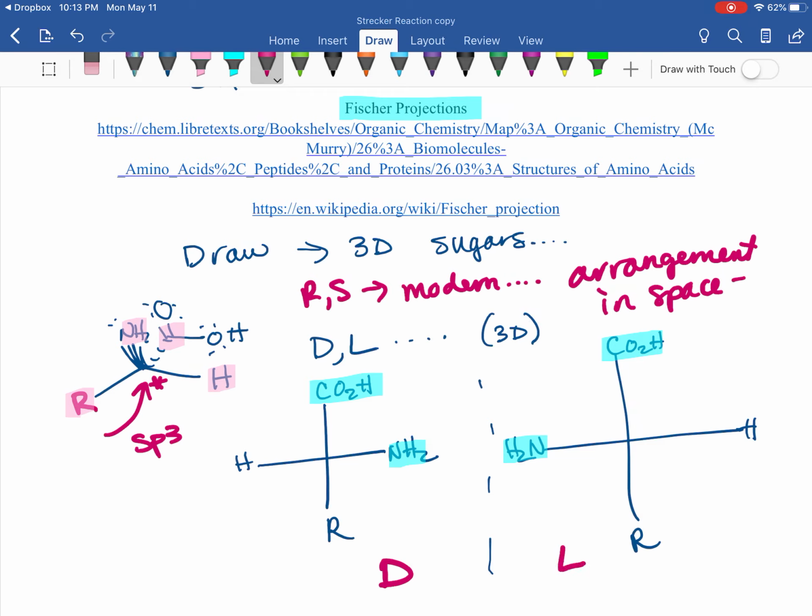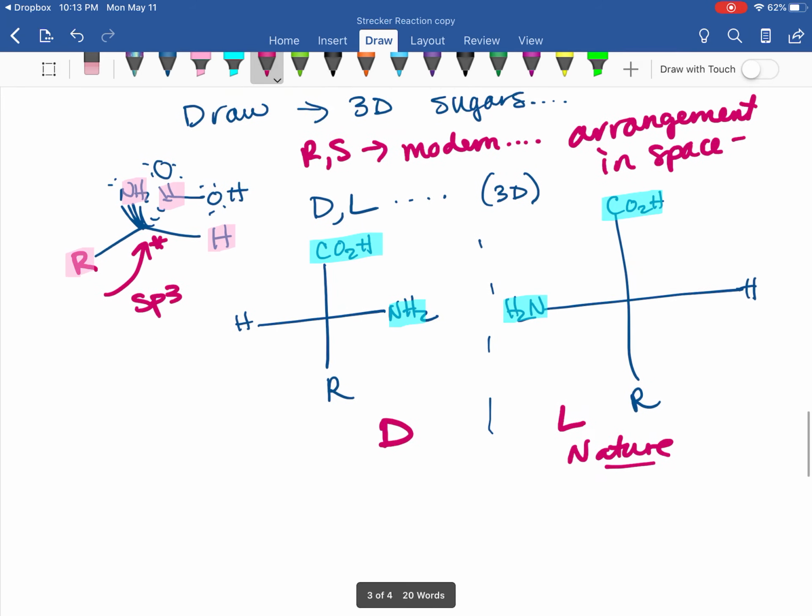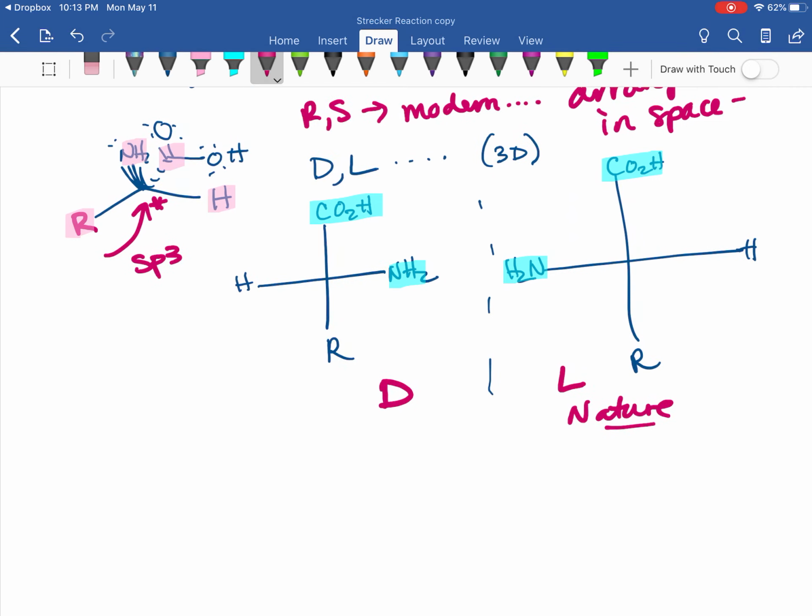All right, so if our nitrogen is on the right, this is D, and if our nitrogen is on the left, that's L. And it turns out that nature prefers the L. Isn't that fascinating? But you're thinking, Dr. Amorti, this is a crackpot way to look at this because this looks flat. Doesn't that look flat?